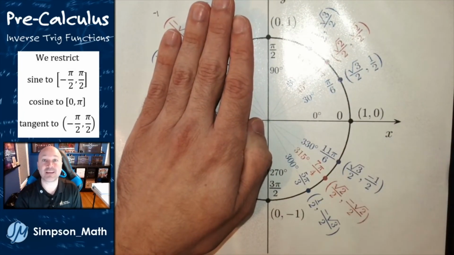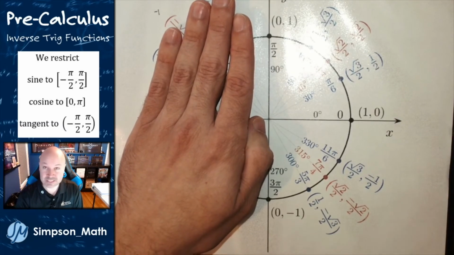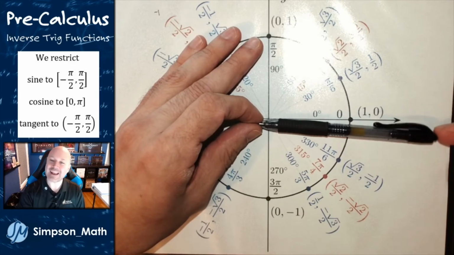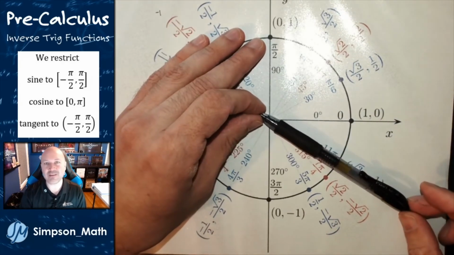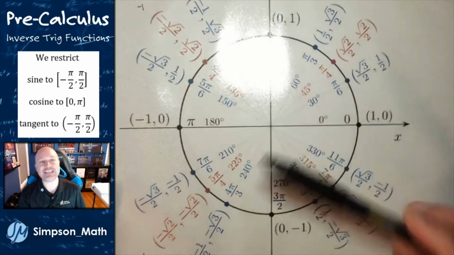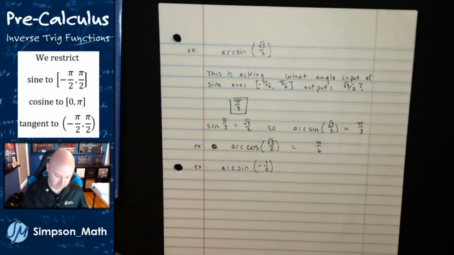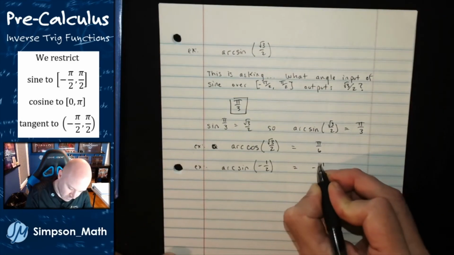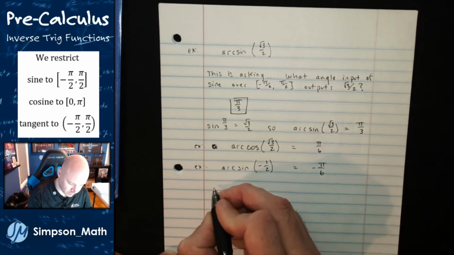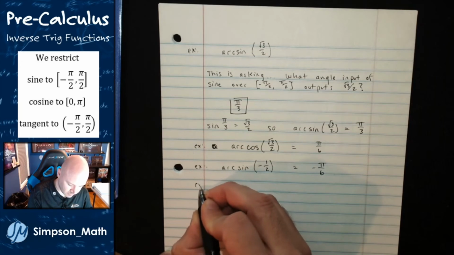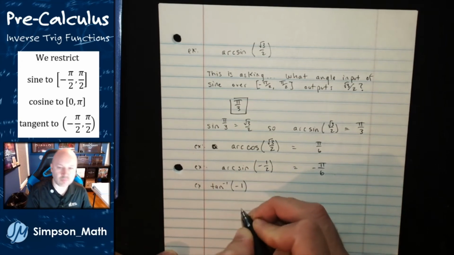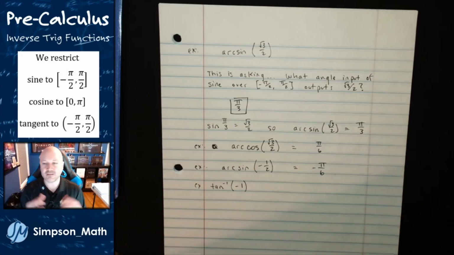It's too big. It's outside of that interval. So instead, I have to start at 0 and go negatively down to negative pi/6. Negative pi/6 is in my restriction.